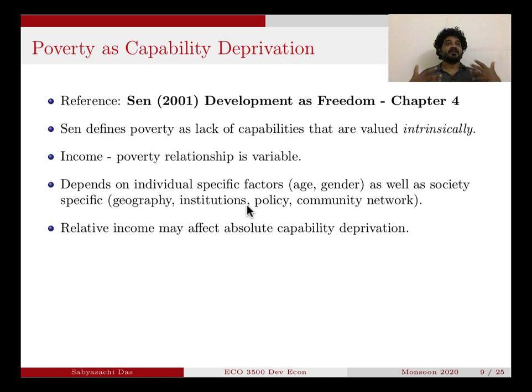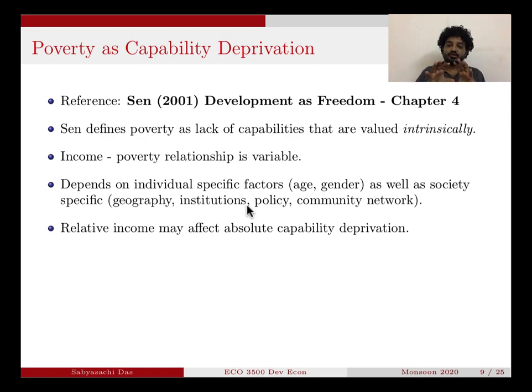Or to what extent the government is effectively implementing policies that help ameliorate some of these unfreedoms. For example, to what extent public health is available free of cost to people who do not have a lot of income. Then the income-poverty relationship is going to be dependent on the effectiveness of delivery of health services by the government.